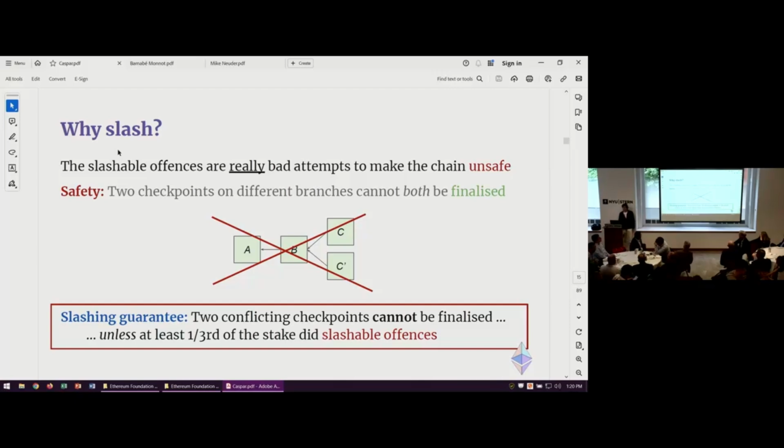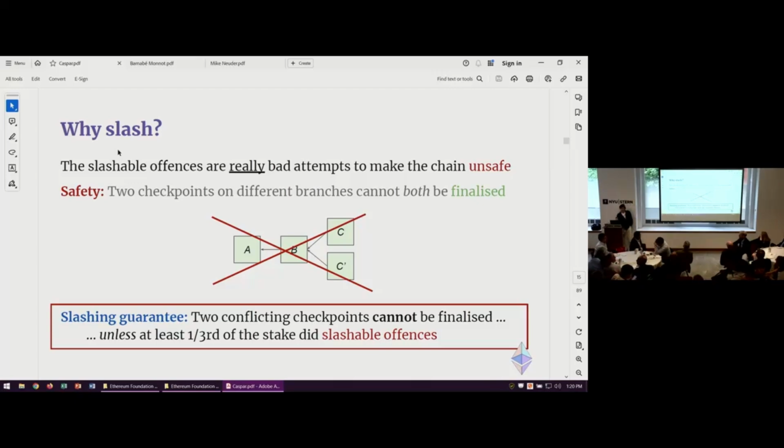And so the nice thing with slashing is that we can make economic guarantees about finality.